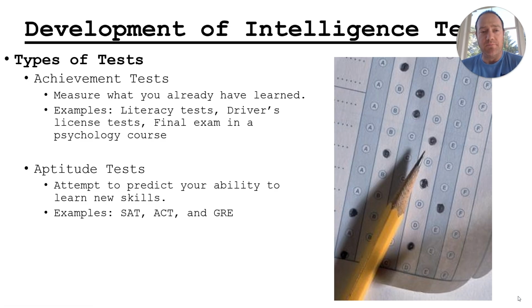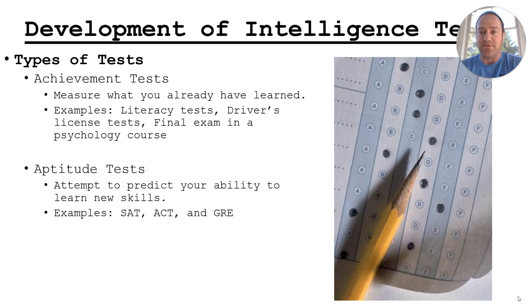When you talk about intelligence tests, there's really two types of tests that are used. Some tests that measure intelligence combine these, and we'll get into that in a minute, but the two main types are achievement and aptitude tests. Achievement tests test what you've already learned, like any exam we take in class.